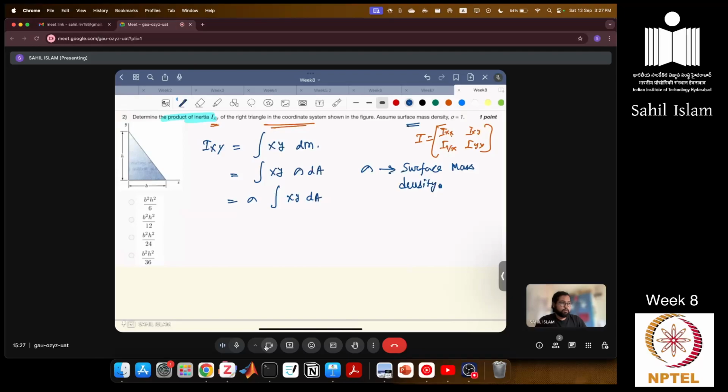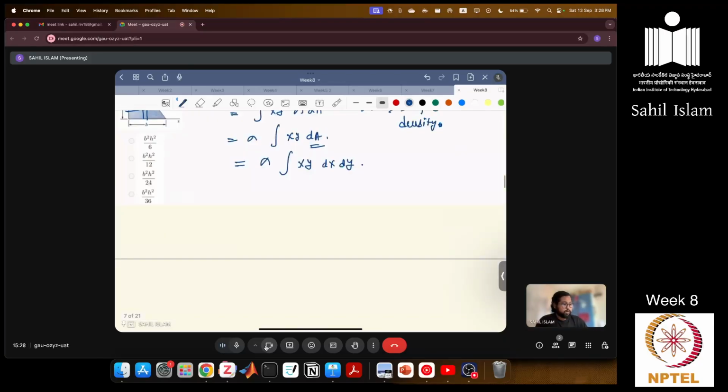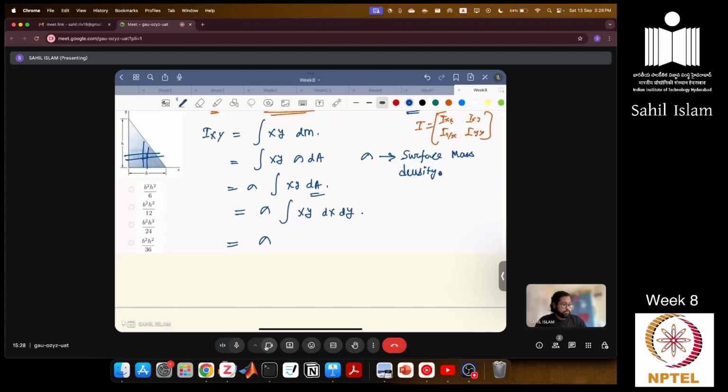The approach is the same, but the problem is a little bit different. So dA is basically like this, so you would have dx and dy. So sigma xy dx dy. Now in the same way we will solve this problem: you can keep any one fixed and do the other the way we did before.